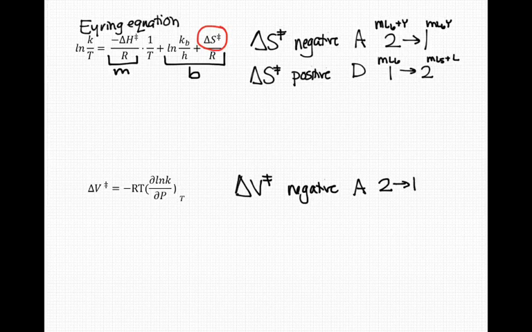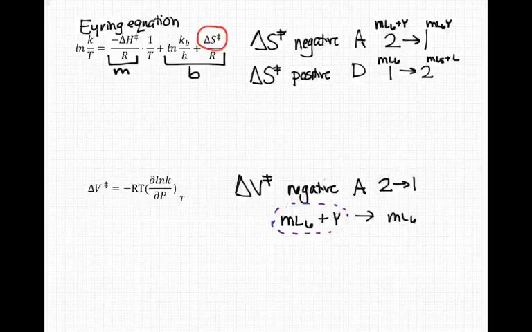So if we imagine the volume of the starting materials, so we have our starting complex and our incoming ligand, and we draw an imaginary line around them, then when we make the transition state, they'll come together to make that 7-coordinate intermediate, and the imaginary line has gotten smaller. So if delta V double dagger is negative, then the volume from the starting materials to the transition state has decreased. Okay, so the volume has gotten smaller.